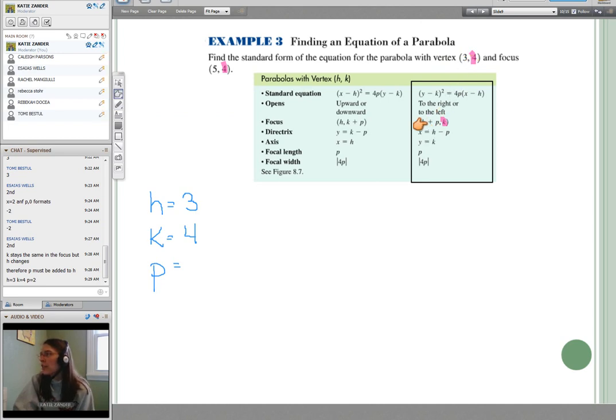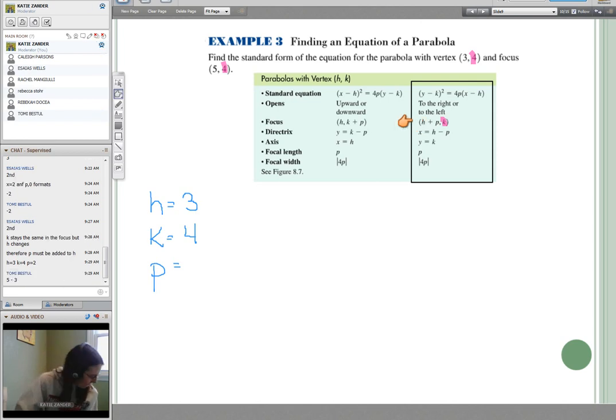Now, how do you think we got 2 for our p value? What did we do? Yeah, we're going to take a look at that focus of h plus p, and then we can set that equal to the vertex, or 5 minus 3. You're finding the distance between the vertex and the focus, right?